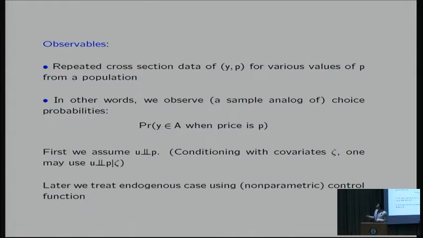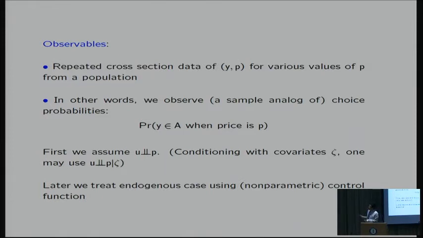Then what the econometrician observes is simply the choice probability: given that the price or budget set is P, the probability of the observed choice lying in some set A. That's what we observe.